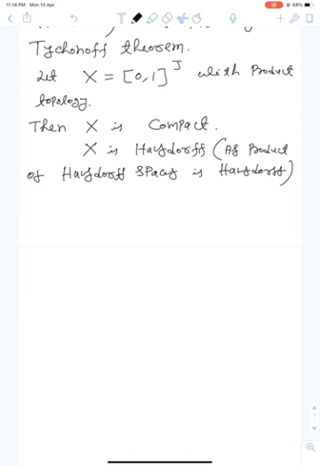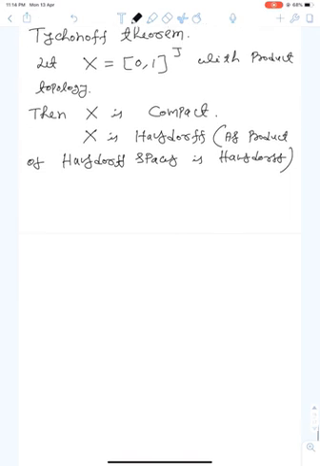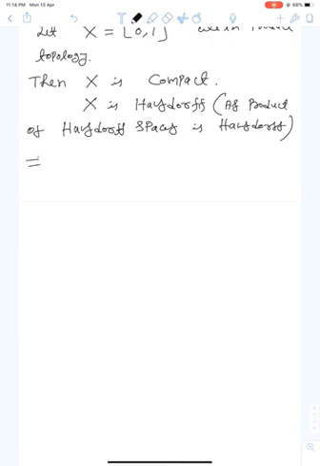Okay. Now since X is compact and X is Hausdorff, that means X is normal. Why is X normal? Again, we have proved this by a previous result.